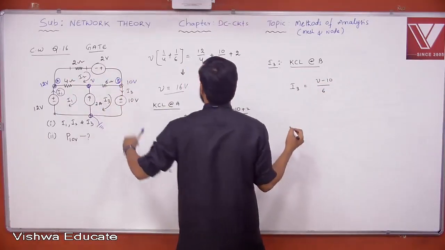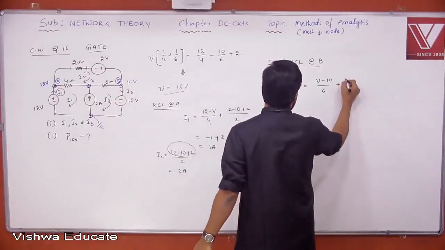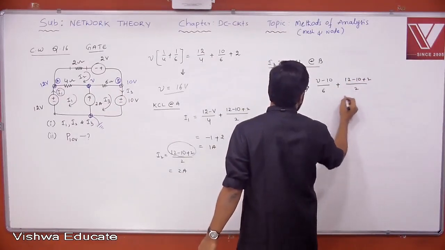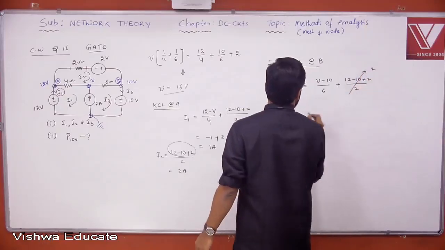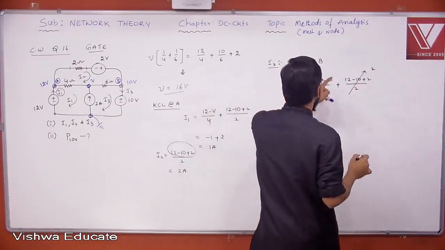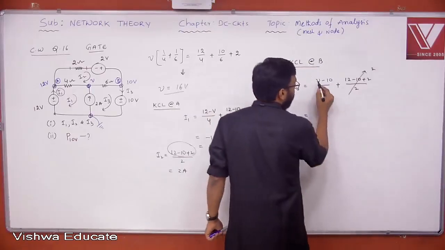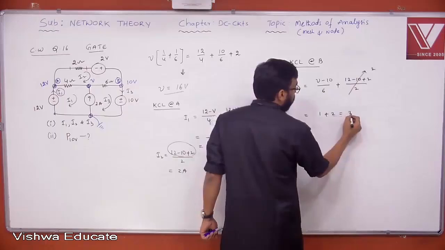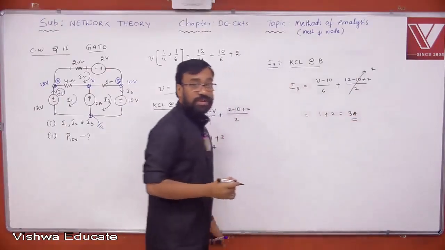This is I2 only, right? That is also entering. 12 minus 10 plus 2 by 2, this entire value is 2. And V is nothing but 16. 16 minus 10, how much is it? That is 6. 6 by 6 is 1, 1 plus 2, that is 3 ampere. So finally you got these values, right?